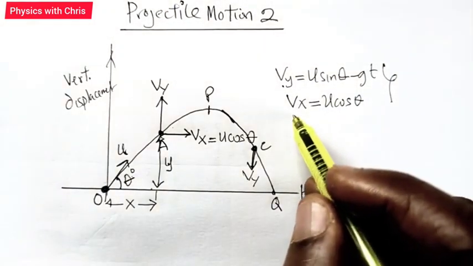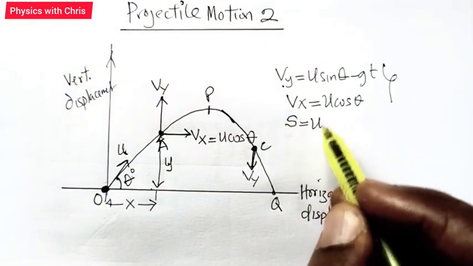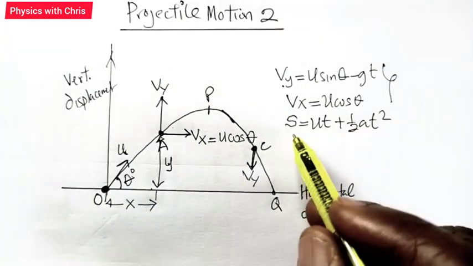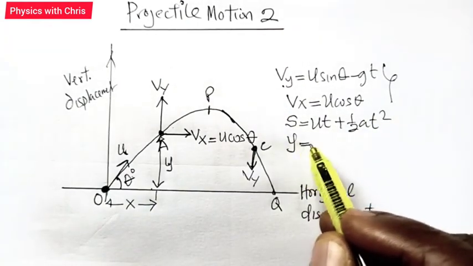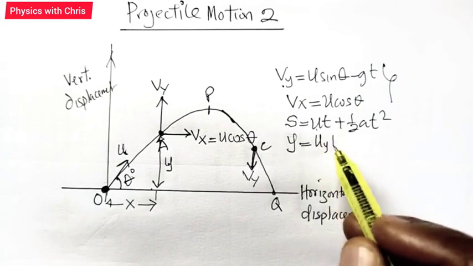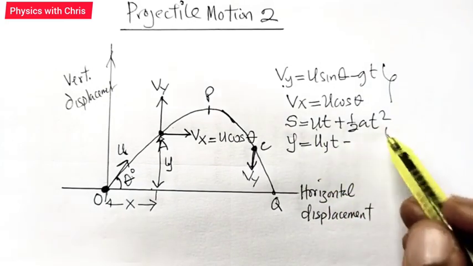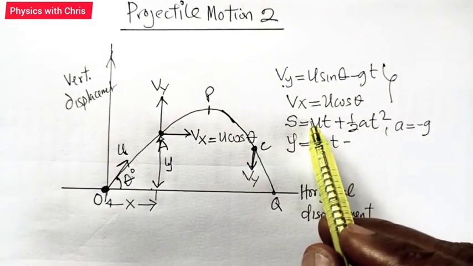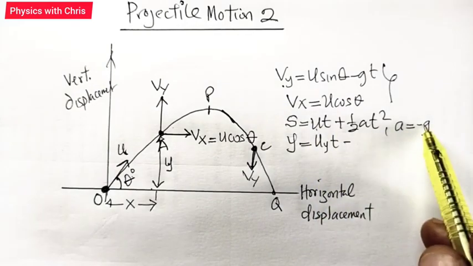So from the second equation of motion, I have s equals ut plus half at squared. This s becomes y, equals uy times t, minus half gt squared. Here a is minus g, because I've taken the upward direction as positive, so g must act as negative.